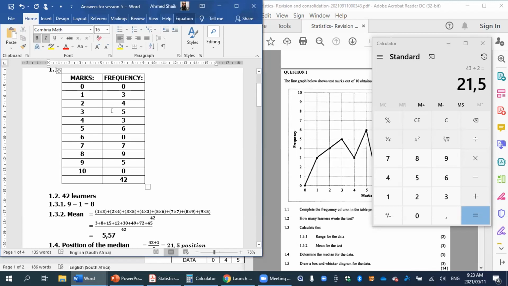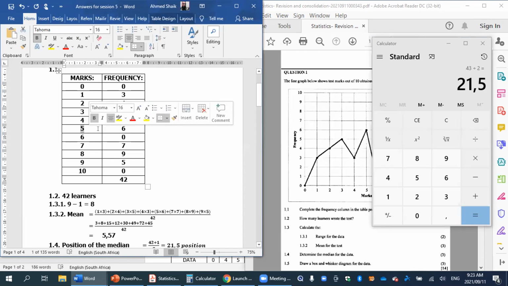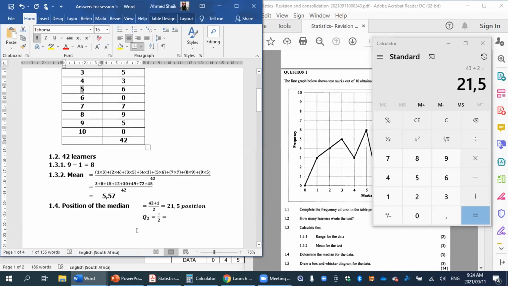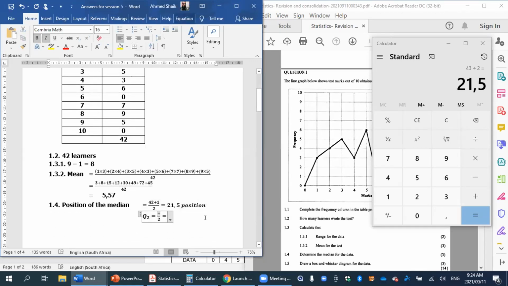Okay, so let's calculate that one more time. 3 plus 4 is 7, 7 plus 5 is 12, 12 plus 3 is 15, and 15 plus 6 is 21. So that tells me that Mark 5 is the 21 position of my data set. So I'm going to enter 5 there.